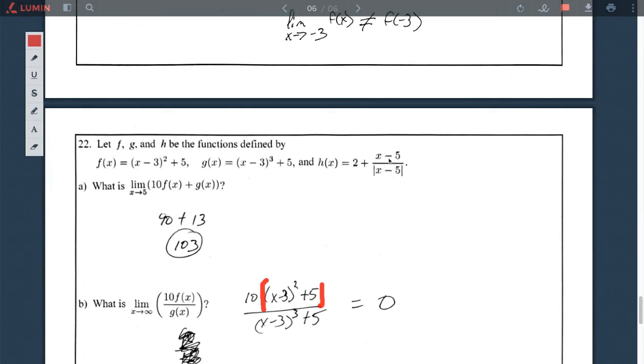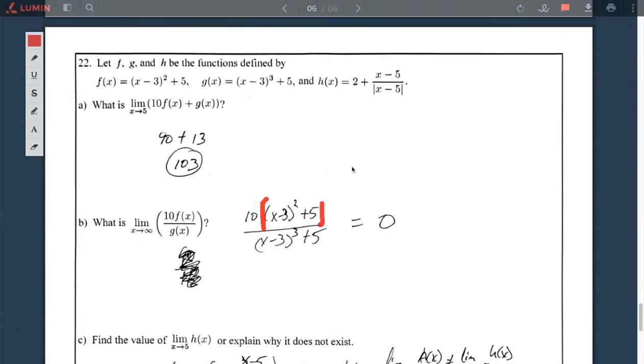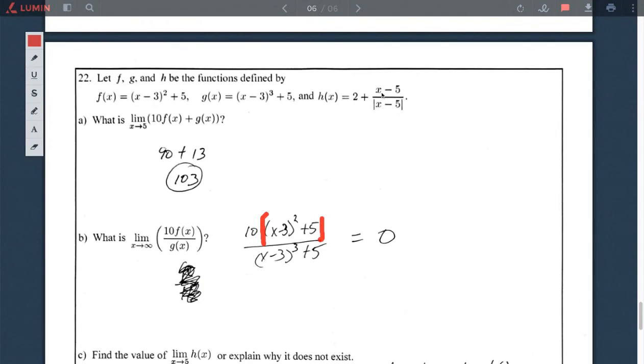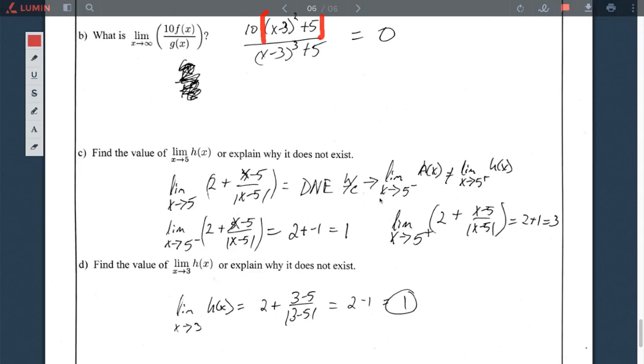So from the right, I would have a 1 here. 2 plus 1 gives me 3. And from the left, I would have a negative on the top, a positive on the bottom. So it'd be 2 plus a -1, which gives me 1. Those two things don't match. So from the left, we were 1. From the right, we were 3. Those two things don't match. So therefore, the limit doesn't exist.